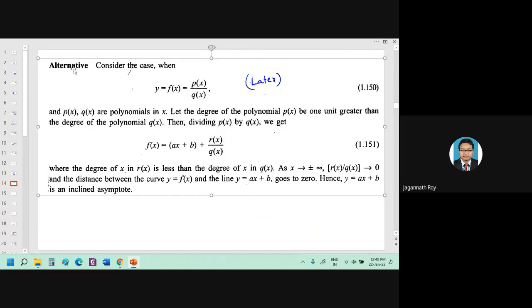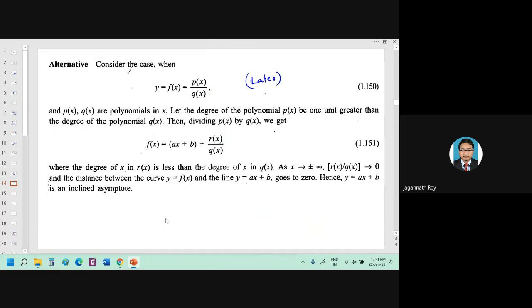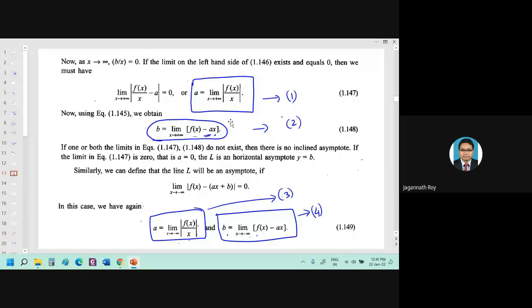We will discuss the alternative method. What is the alternative method? This method is not always applicable, because it demands that the function be written as a polynomial of this form. But not every function can be written as a polynomial, though we can definitely find the limits in terms of this.